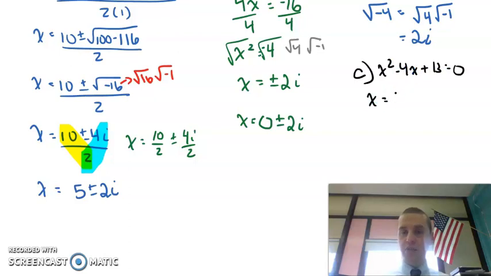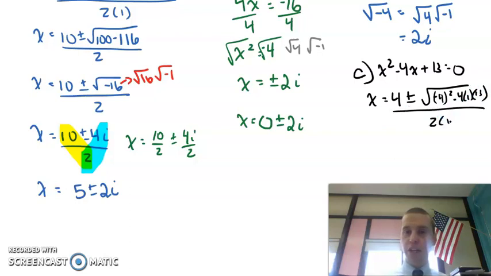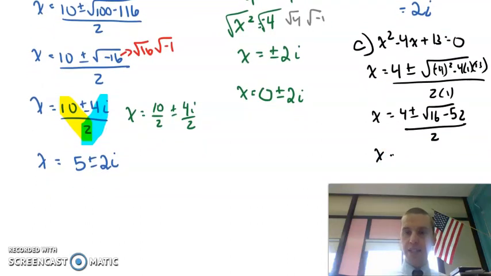So we'll get x equals negative b, which is 4, plus or minus the square root of b squared, negative 4 squared, minus 4 times a, which is 1, times c, which is 13, all over 2 times 1. 16 minus 52, all divided by 2. So we'll get x equals 4 plus or minus the square root of negative 36 over 2.